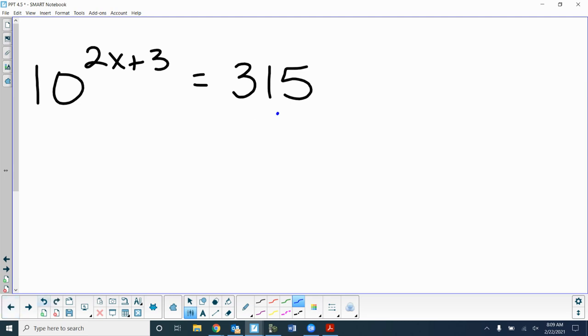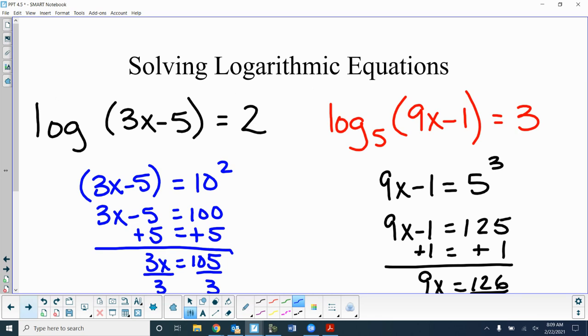And then 2x plus 3 is going to equal that answer. So exponential ones, we turn into logs. Log ones, we turn into exponentials. If there's no number, the base is 10, right, Connor? So this base to that power equals whatever came after the log. That's how you set it up.